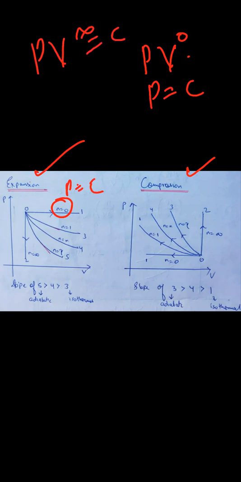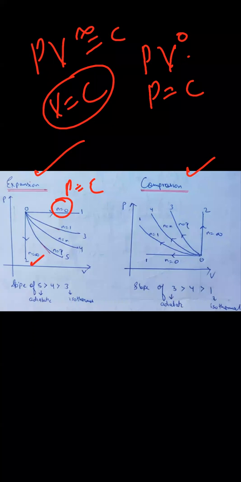That means volume is equal to constant. So volume is constant, that is n equal to infinity, and n equal to 0 means pressure is constant. Then n equals 1, that means PV equal to constant, that means isothermal process.